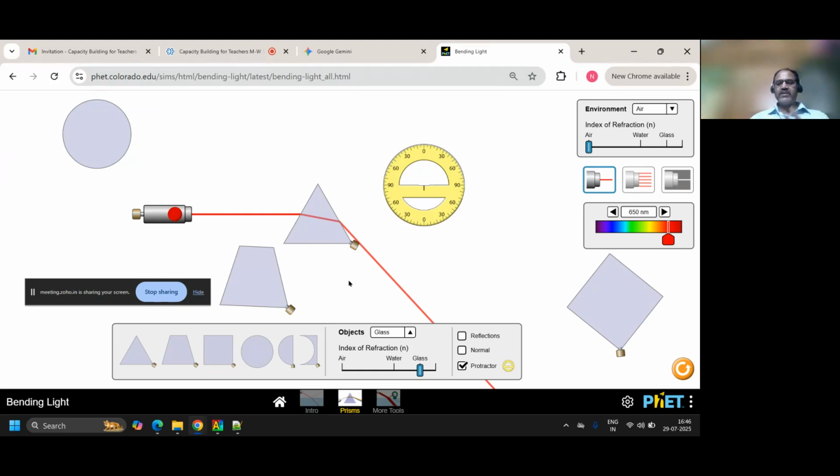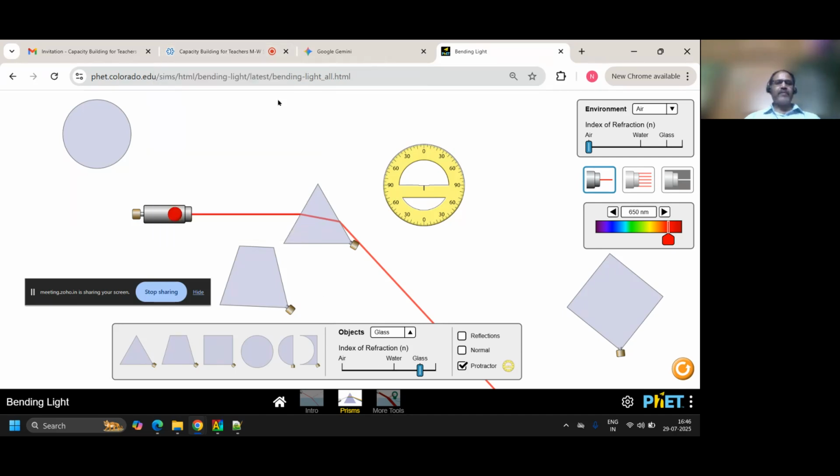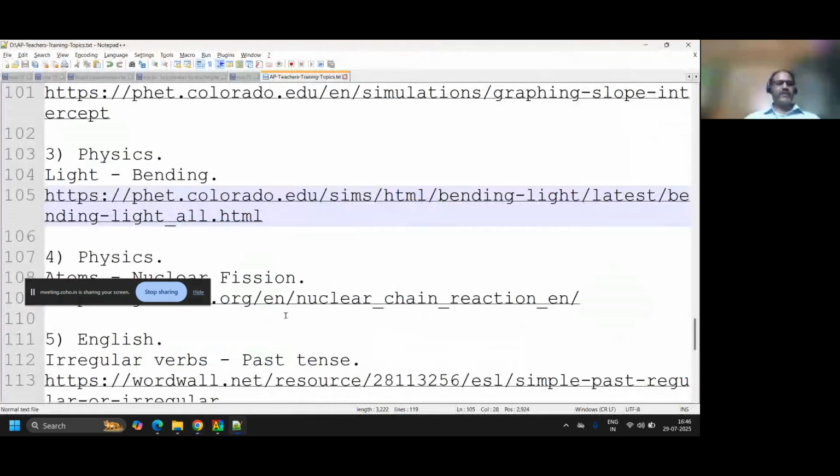So this is a simple experiment on the refraction side of light. This comes under optics. Okay, now I am coming back to my screen.